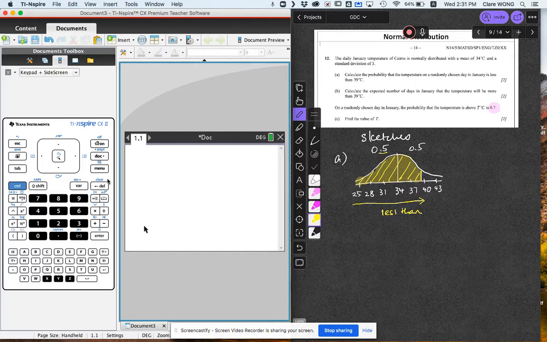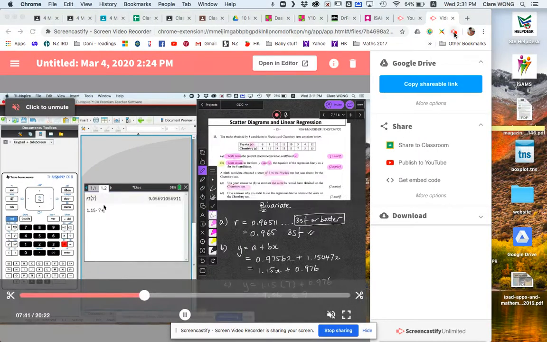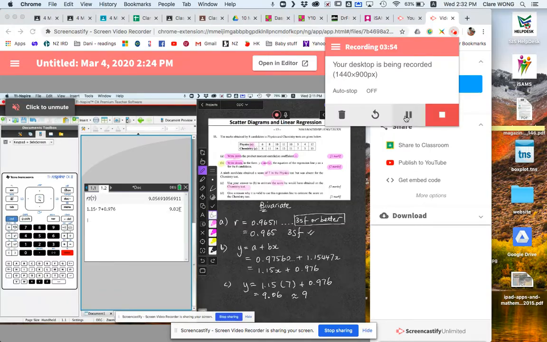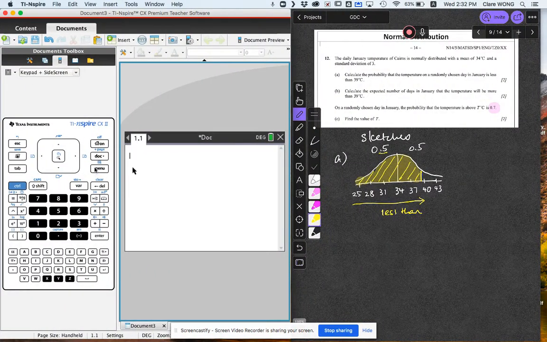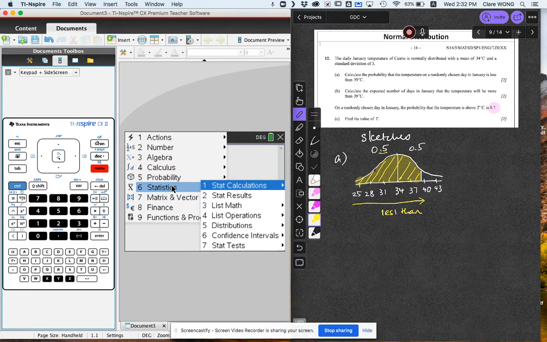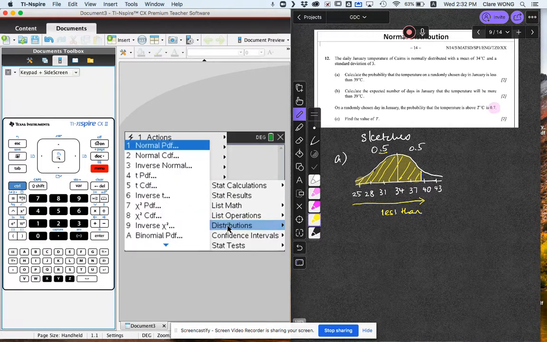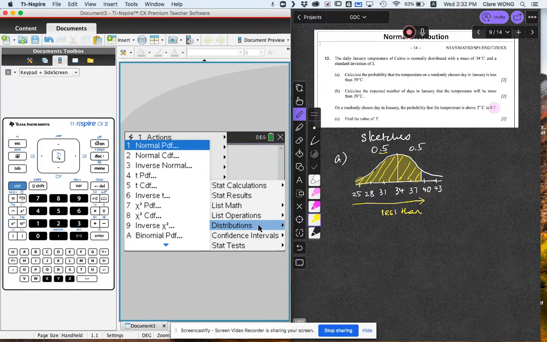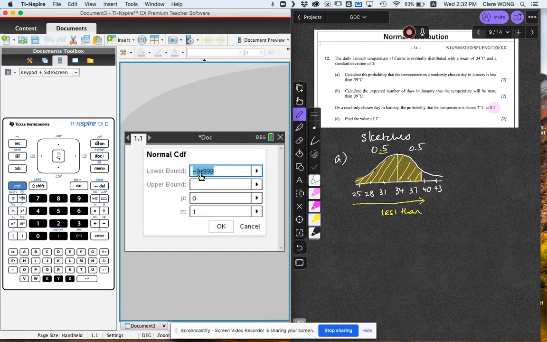We need to go to Menu, Statistics. This time, these are distributions, so we need to go to Distributions. We need our normal cumulative density function. As you can tell from the diagram, we are going all the way from the negative, the lower bound is that small, and then all the way up to 39.